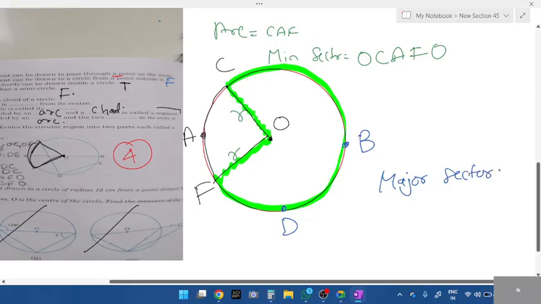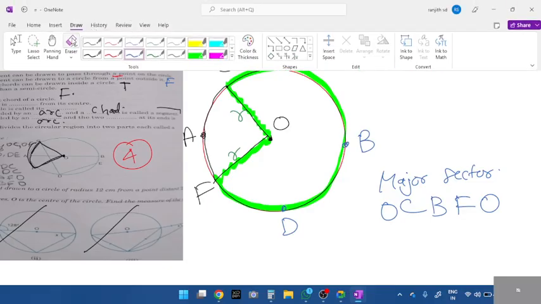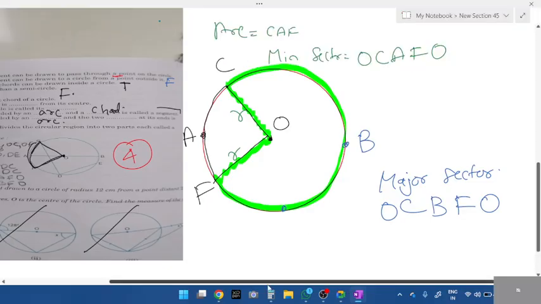The answer for the major sector is: start from the same center, O. After O, it goes to C. After C, B. After B, you can write F. After F, back to O. This is the answer. Just ignore D. This is the major sector, students: O, C, B, F, O. It starts from O and ends at O.